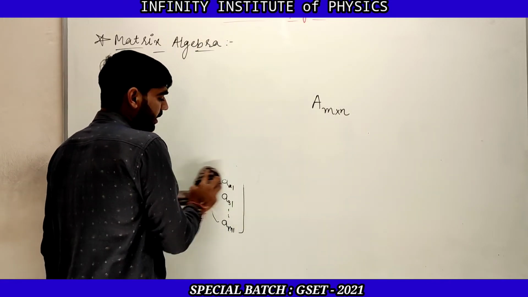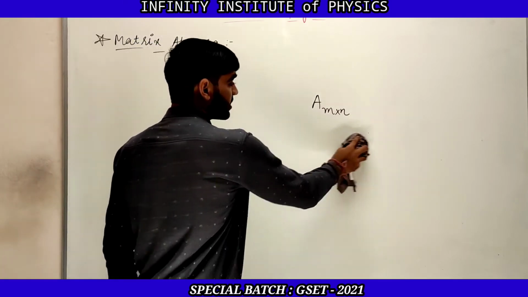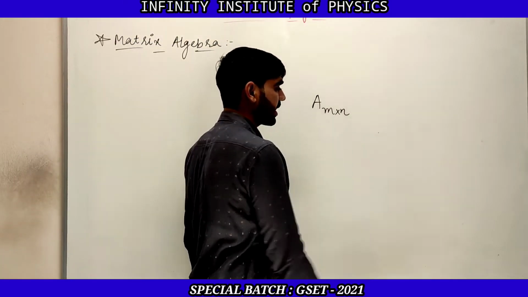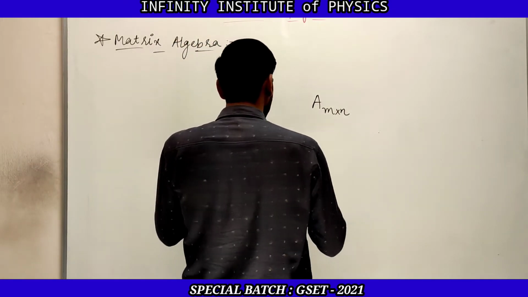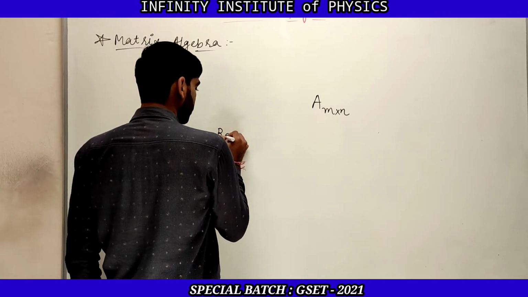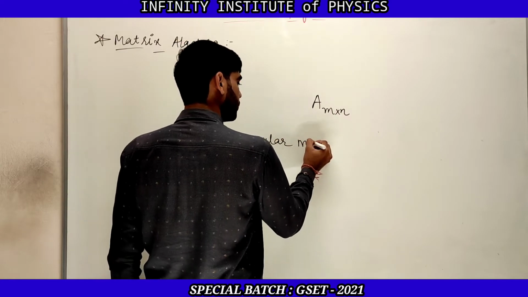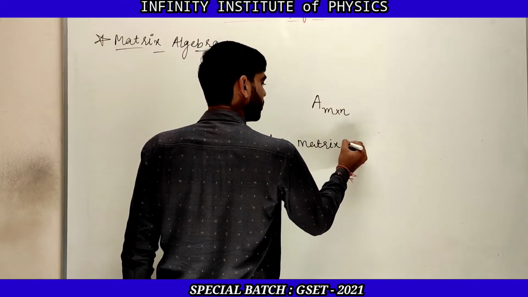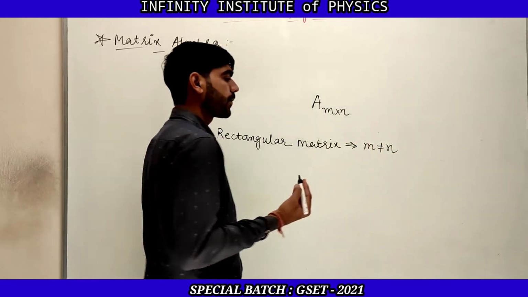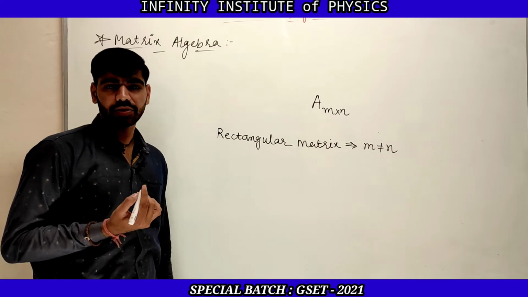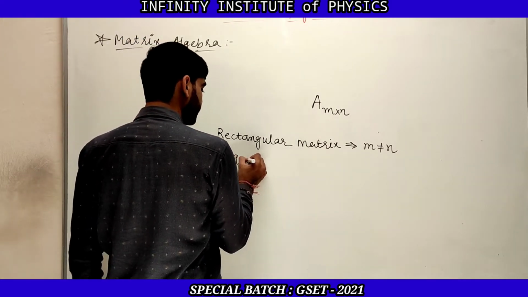A given matrix A which is m by n, that means m rows and n columns, is said to be a rectangular matrix if m is not equal to n. If we have m not equal to n, then it is said to be a rectangular matrix, otherwise it is said to be a square matrix.